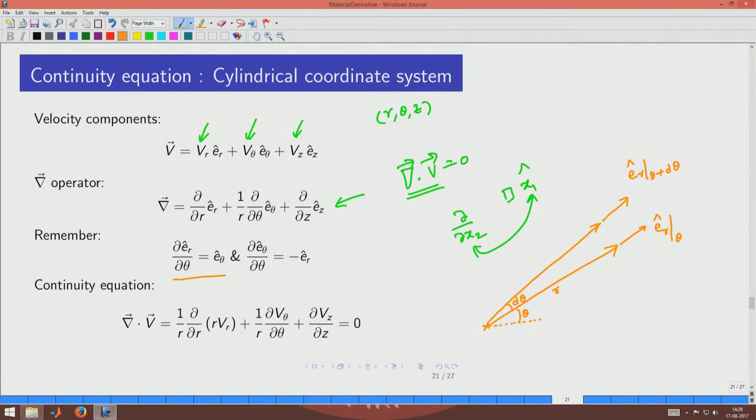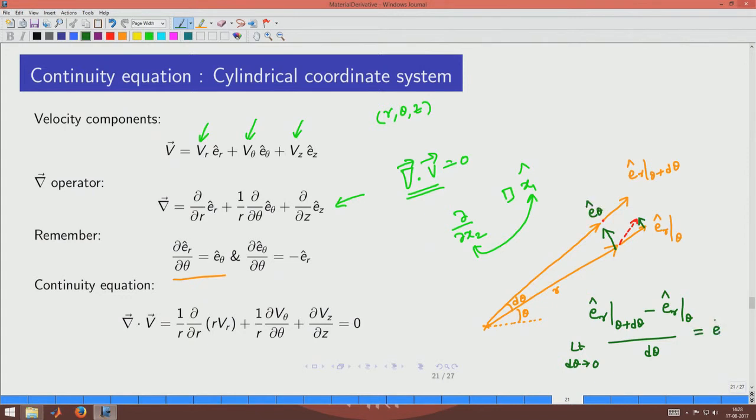So, if you now translate this to meet the origin here, then you would see that that vector will be at an angle to the first one, which means that if you were to look at the difference between the two, e cap r at theta plus d theta minus e cap r at theta, and of course, if you were to take this limit, this difference is in the direction of, you could see what is this direction. This direction is nothing but e cap theta.